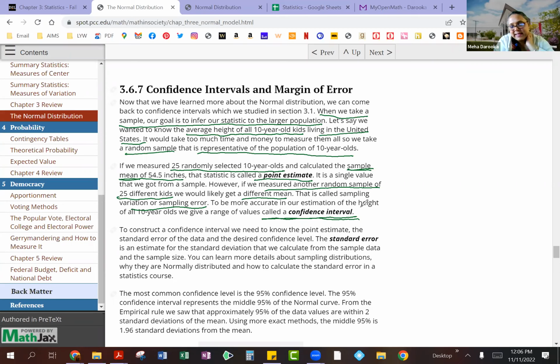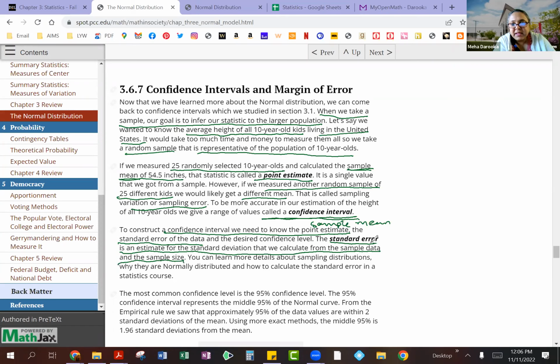Okay, then the next one is, of course, if you are constructing a confidence interval, you need to know what your point estimate is, which is your sample mean. You need to know what your standard error is, and your standard error is basically, again, an estimate for your standard deviation that is calculated based on your sample data and what your sample size is.